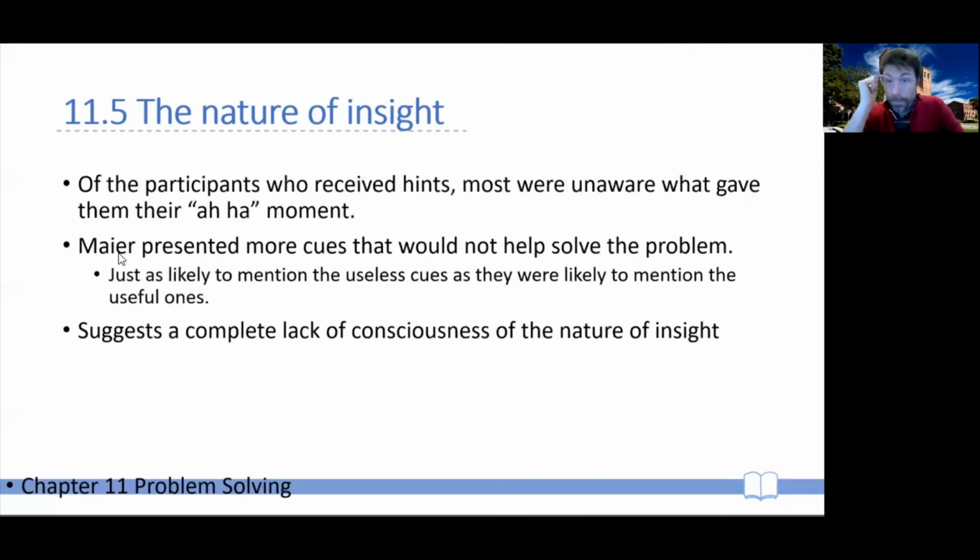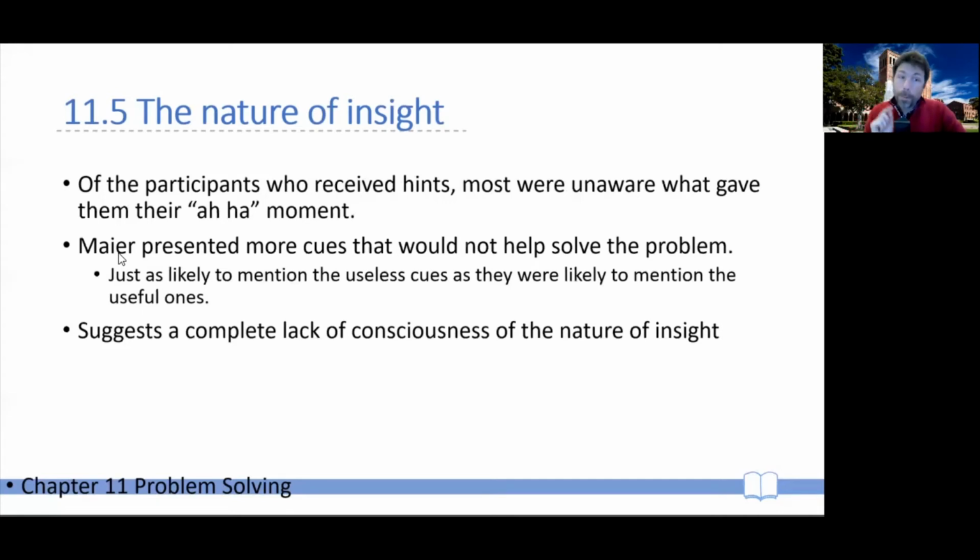Now, what was interesting is that when participants were asked how they solved the problem, what led them to that aha, I got it, here's the solution moment, most participants were entirely unaware of it.